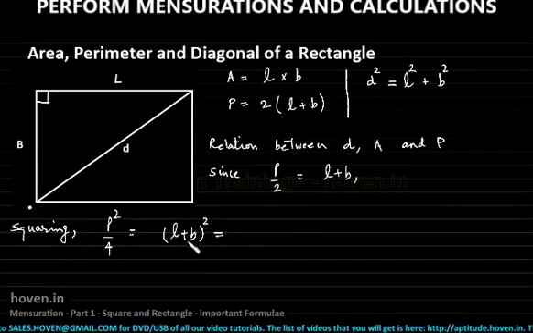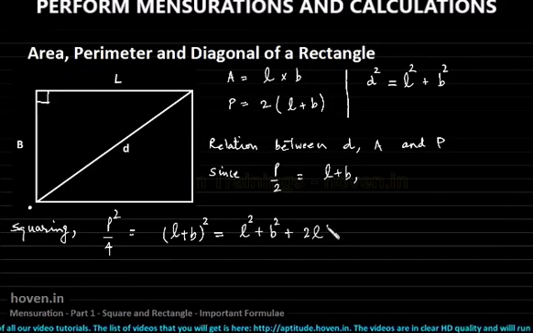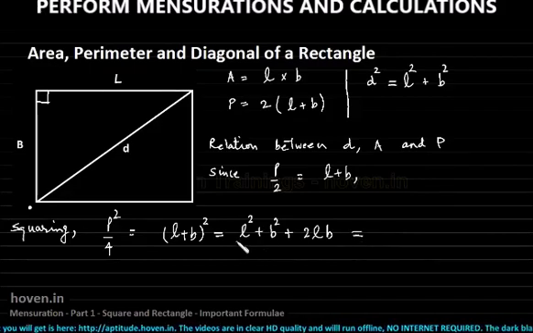We can open this by the x plus y whole square formula. We will get L square plus B square plus 2LB, which we can now write as L square plus B square. This joint thing can be substituted for D square.